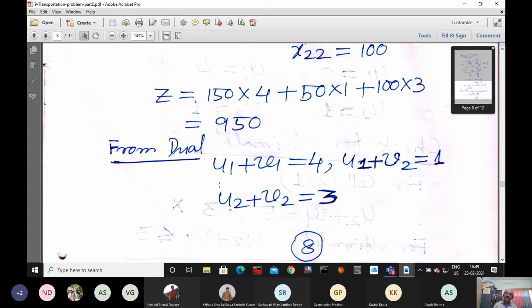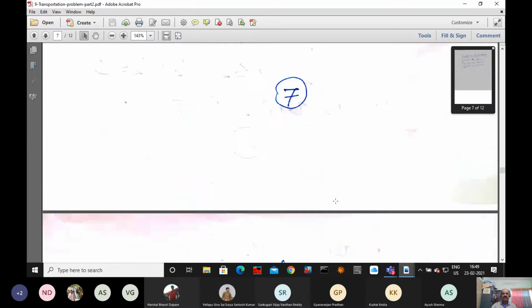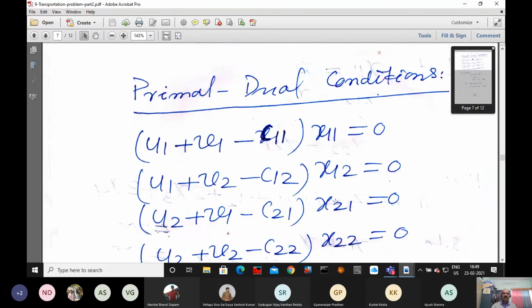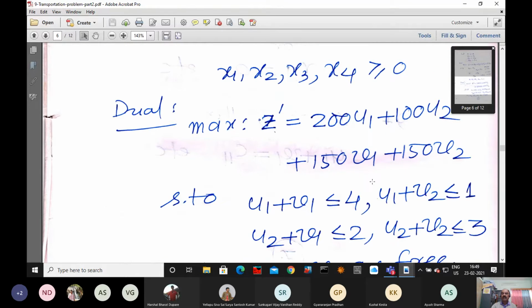So what is the objective function? I have told already, our objective function, when you say the dual, is 200 into U1, how much? U1 equal to 0, gone. Then 100 into U2, how much?